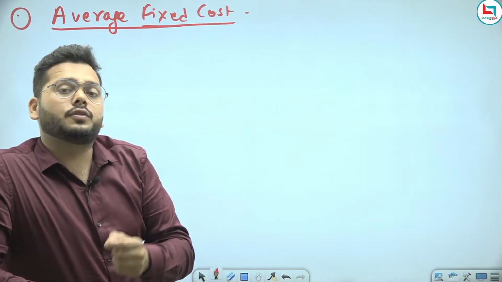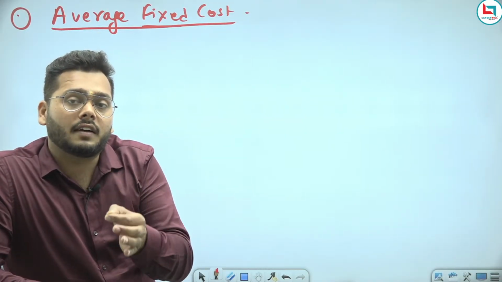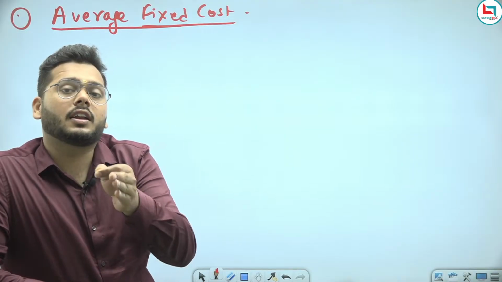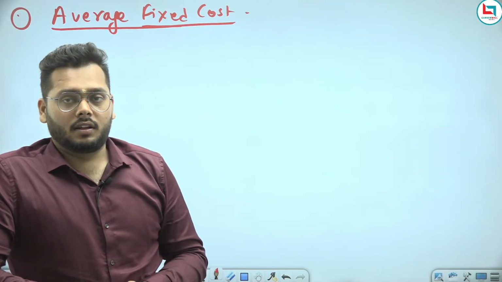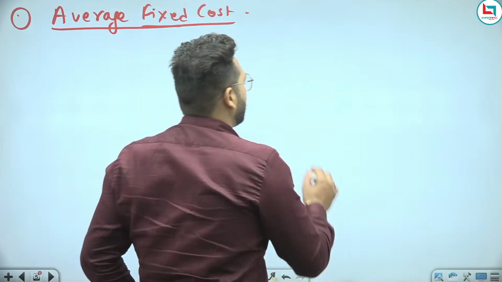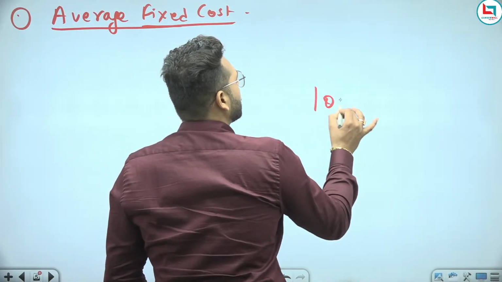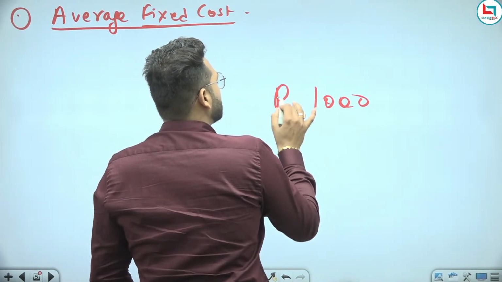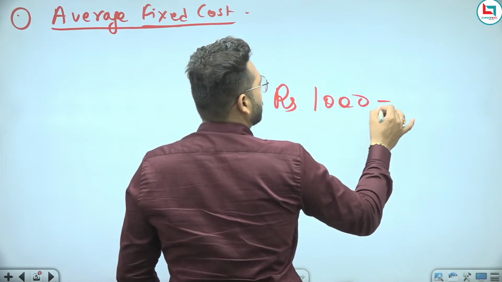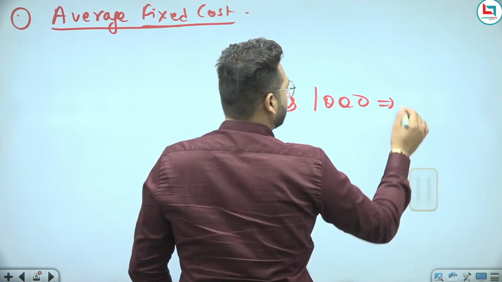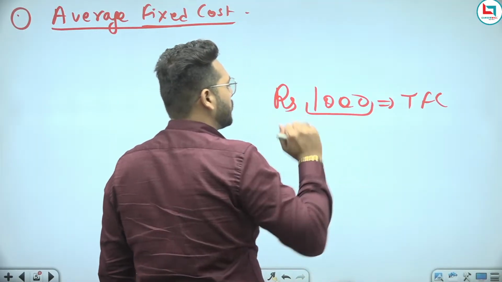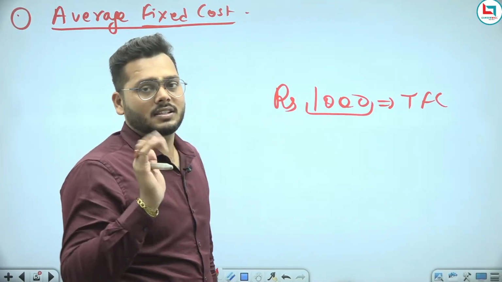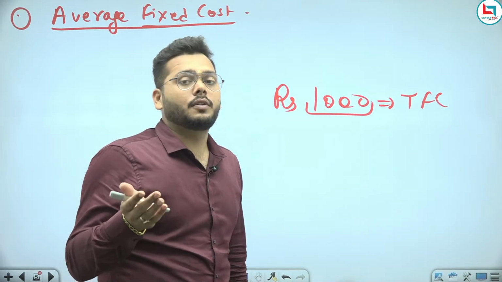It means you want to find the fixed cost incurred on the production of one good. Let's say you have spent 1,000 rupees, that is fixed cost. You purchased a machine for 1,000 rupees. Machine is what?